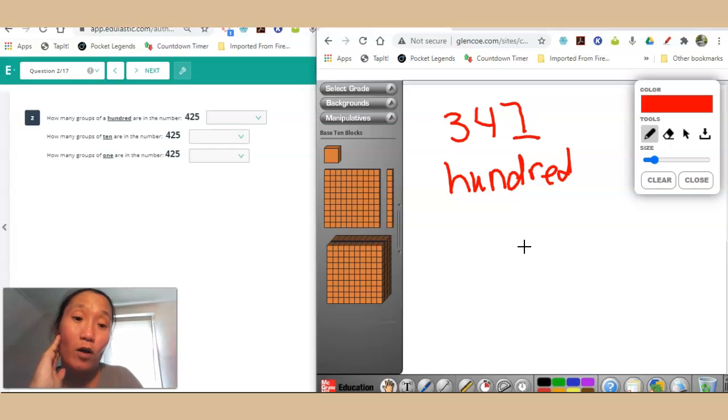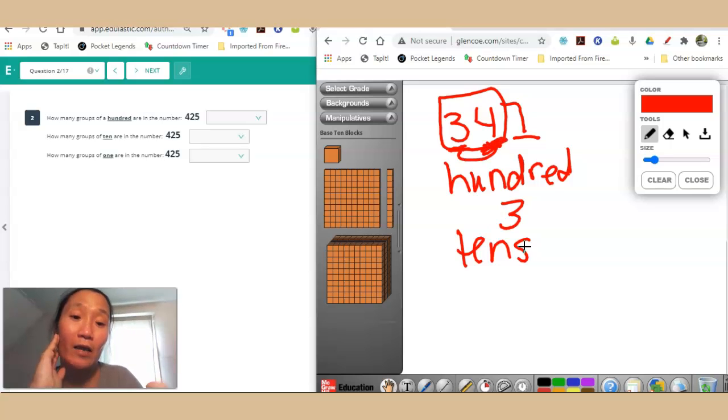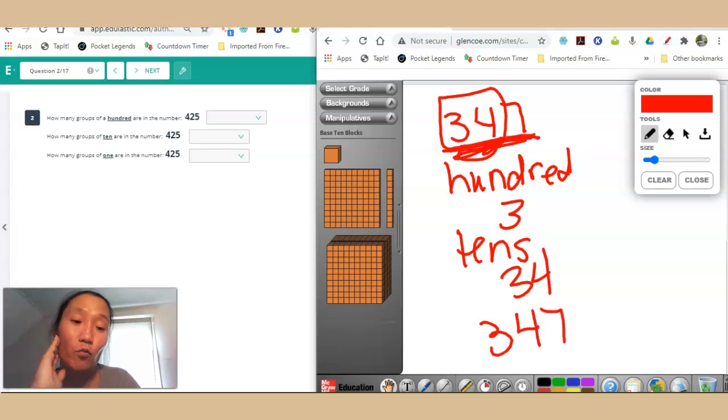Well, I have 3 hundreds. Now, how many 10s do I have? Well, I have 34 10s. I take the number that's in the 10s place and grab the number in front of it, so I have 34 10s. And then how many 1s do I have? Well, the whole number. I have 347 1s.